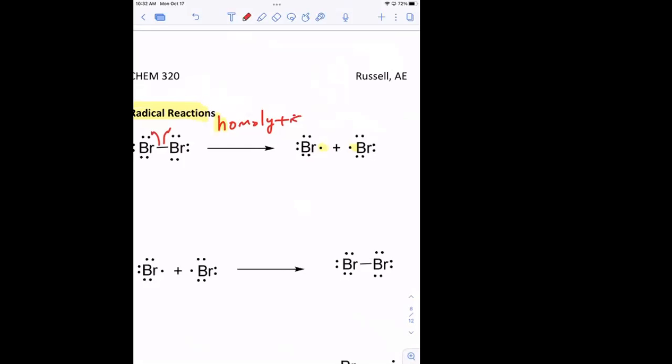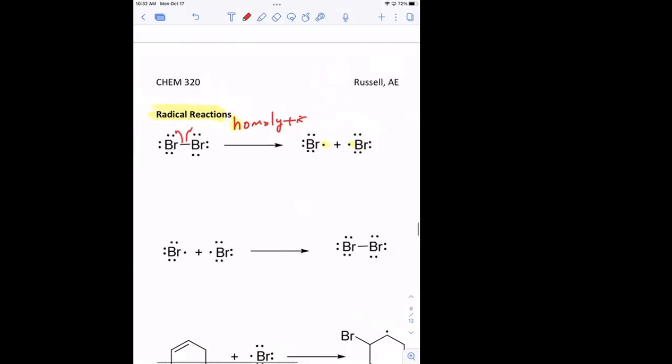All right, let's go to the next example. What did I do here? Put them back together. How do I show that? Fish hooks from each radical coming together. Again, it might seem rudimentary, but it's very purposeful because when we get to the radical substitution mechanism, all these little nuances come into play.